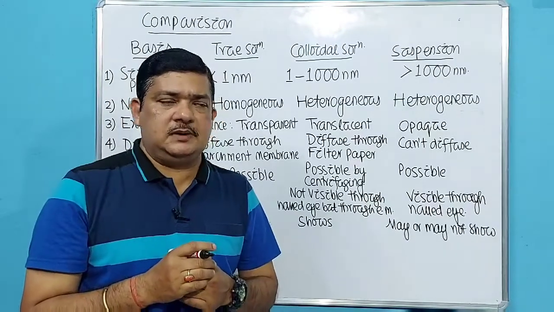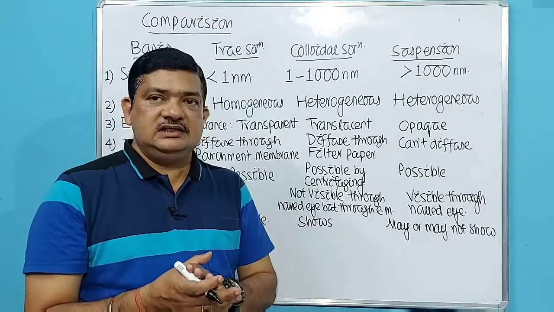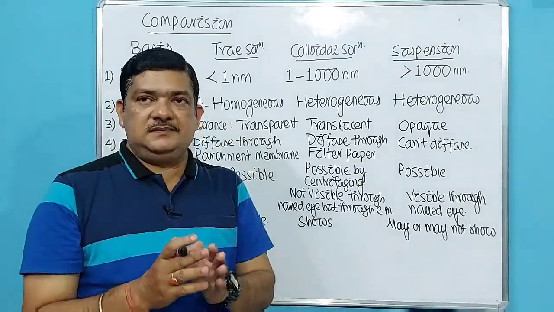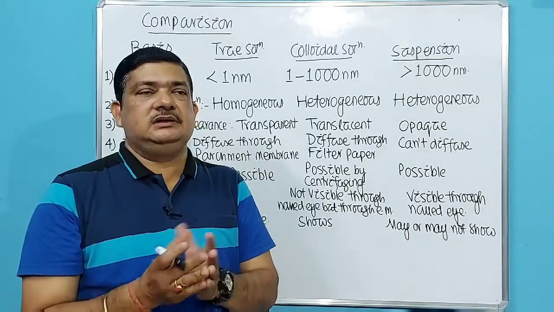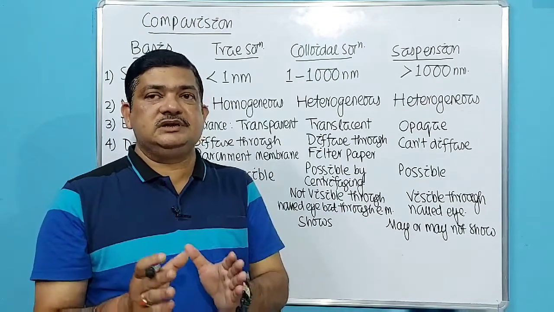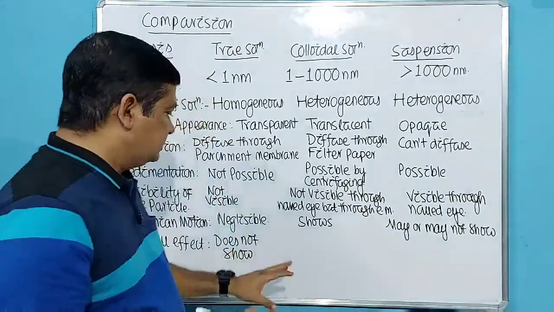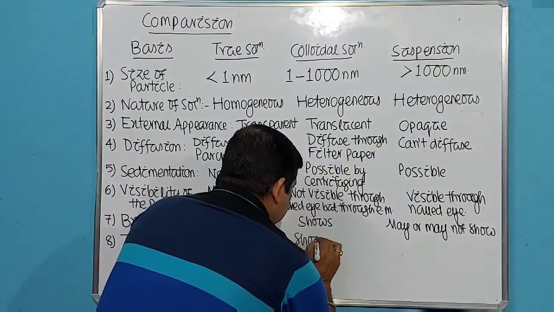Because when light falls on those intermediate particles, they reflect it and we can see it. This effect is called Tyndall effect. That means the illumination of the path by light when it passes through a solution is called Tyndall effect, which we will discuss in detail later on. So only the colloidal solution shows Tyndall effect.